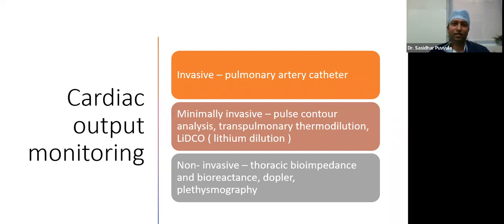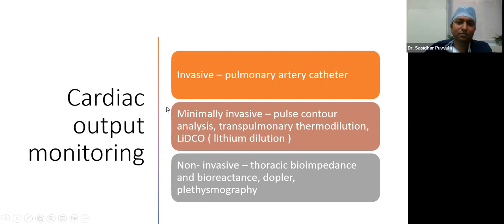The monitor does all the calculation. Luckily for us, we are all poor in mathematics. So the monitor does all the calculation and gives you the cardiac output, stroke volume, and a lot of other interesting parameters, which help in guiding the therapy. I'll show you some of the parameters. The procedure is called pulmonary thermodilation, where you give ice cold saline, measure the temperature change, and you get the cardiac output.